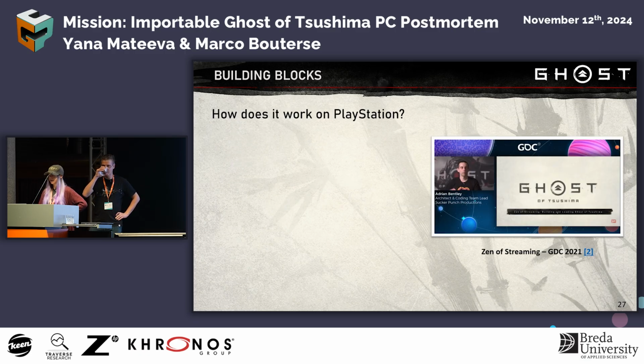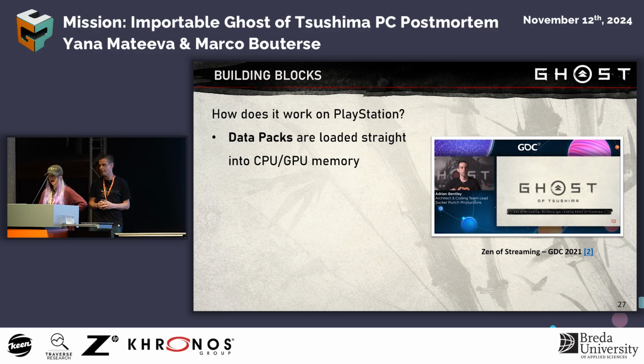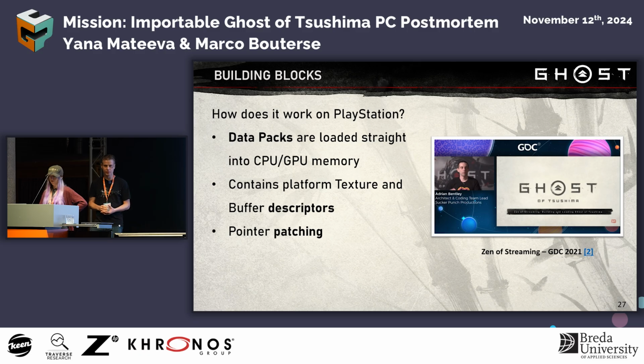The content for PlayStation is divided into data packs, and these get loaded directly into both CPU and GPU memory, and they contain PlayStation-specific texture and buffer descriptors. Pointers get patched at runtime to point to the correct data, and there's not really an explicit point in time where resources get created.